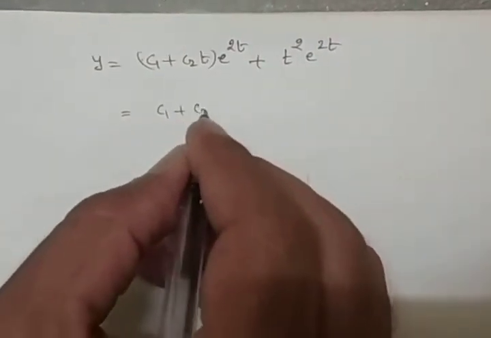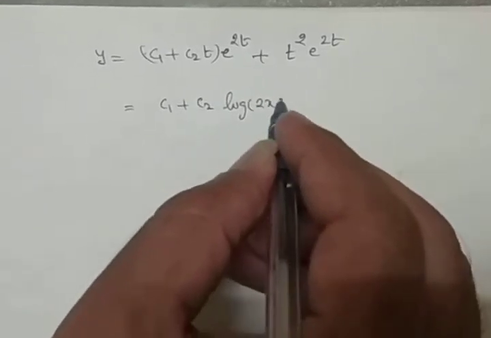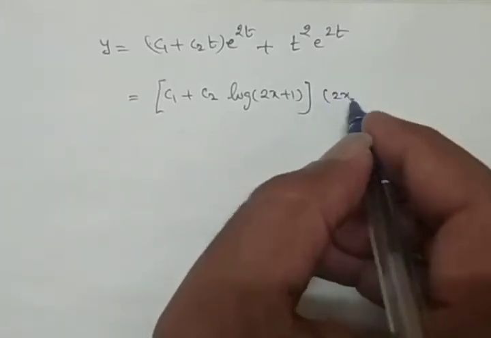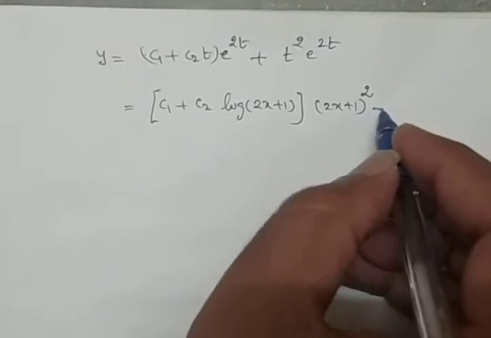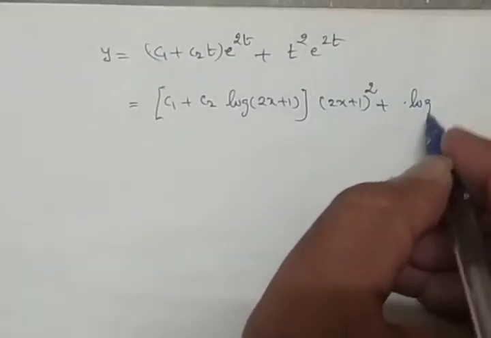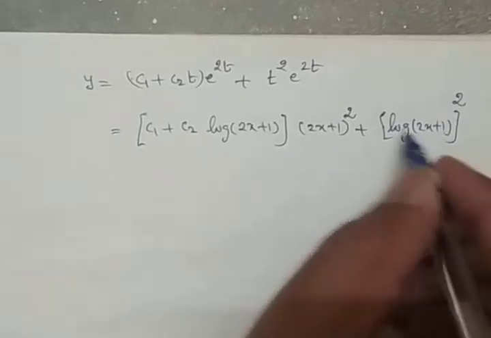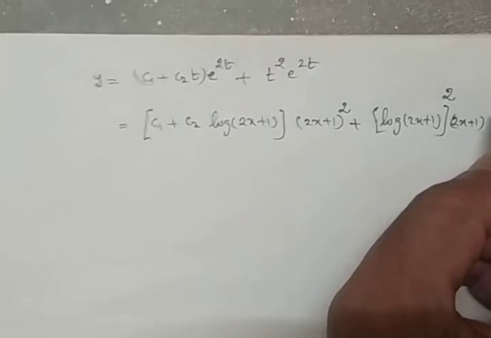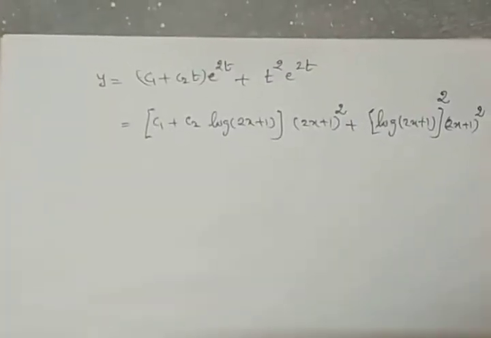C1 plus c2 t, where t is log of 2x plus 1, into e power 2t, which is 2x plus 1 whole square, plus t square, which is log of 2x plus 1 whole square, into 2x plus 1 whole square.